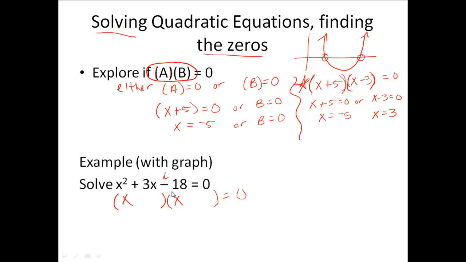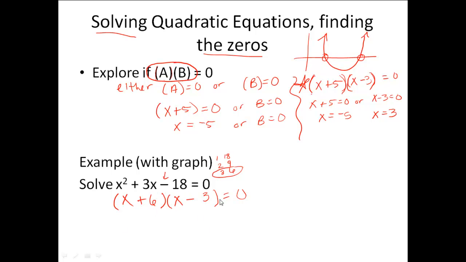The minus sign means that one is plus and one is minus. My factors of 18 are 1 and 18, 2 and 9, 3 and 6. Well, the ones that are going to get me to the 3 are the 3 and the 6. And it's going to be plus 6 and minus 3. Foil that out to check it, which it does turn out right.